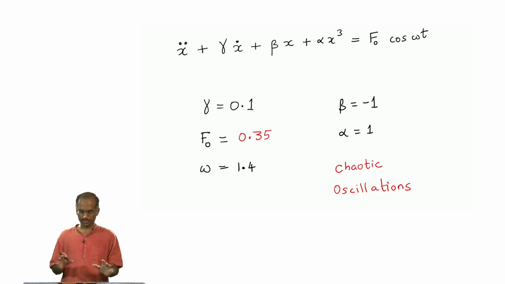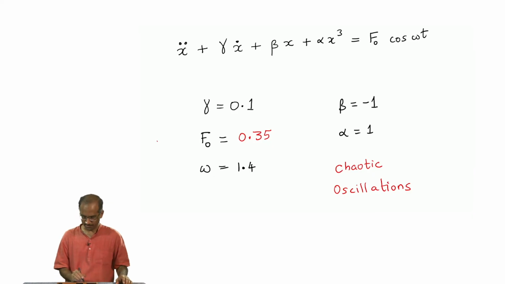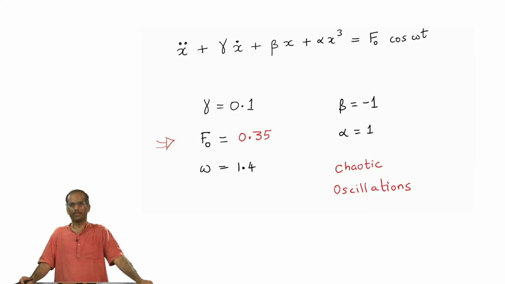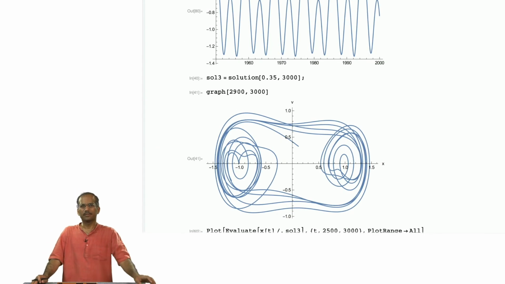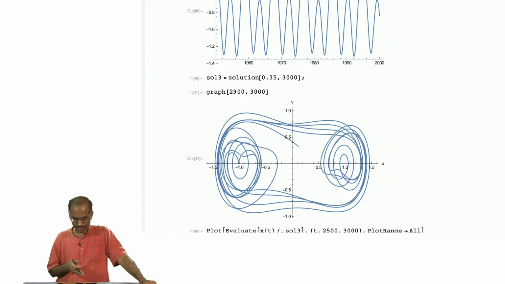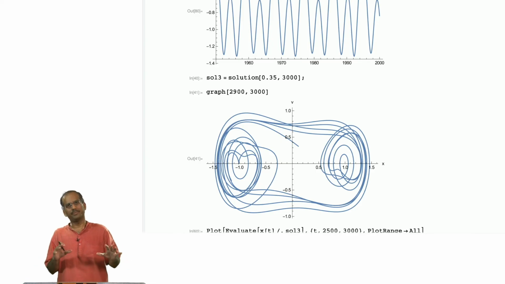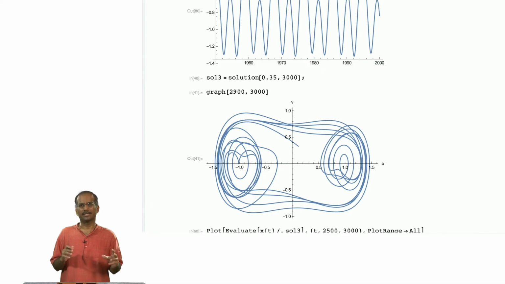But let me give you a glimpse of what happens in the regime where we have set, let us say, f0 to be 0.35 and we expect quite an irregular set of oscillations. So, here when I plot the phase space now, what you will see is that it looks quite haphazard, a sort of mess, and if you think that maybe it is a transient and if I wait for long enough, maybe it will settle down to something meaningful, no. In this case you are never going to have a situation where it will settle down to something meaningful.